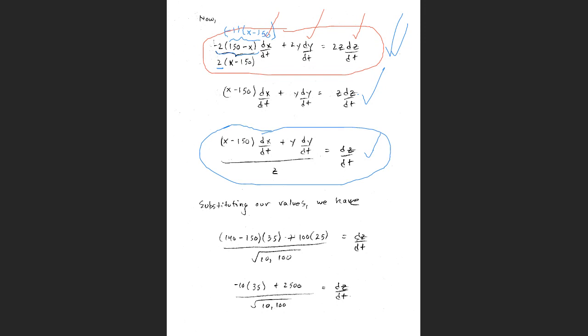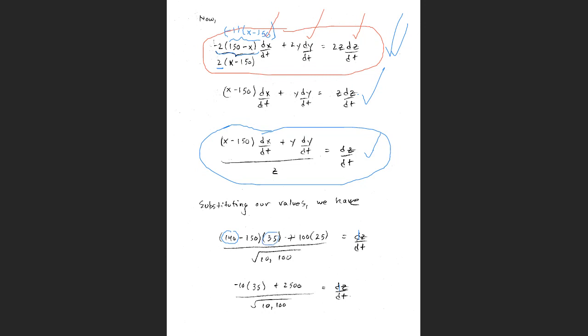Now you substitute the values. We know that x was 140. This is at t equals 4 hours, at 4 p.m. The distance boat A sailed east is 140 kilometers, and it's sailing at a rate of 35 kilometers per hour.